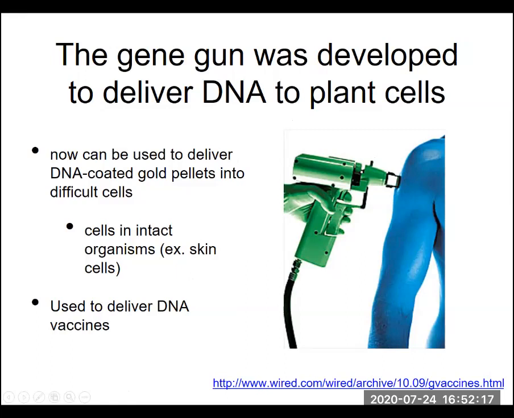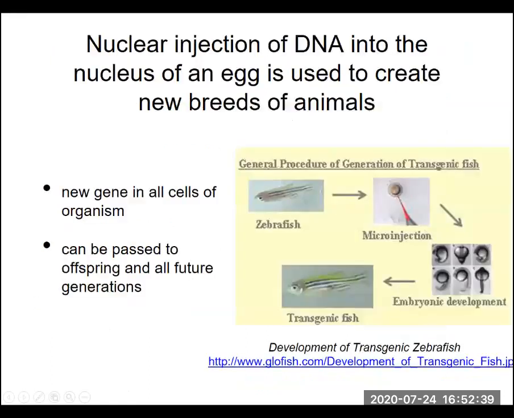So you can shoot it into an intact organism, to the skin. And what you can do then is transfer the DNA into the cells in that way. And so we've often used this in plants. More recently, it's been used in certain types of DNA vaccines. So you use this and it basically shoots the DNA into the cells. It's incorporated by the cells and those cells start expressing whatever that DNA is.